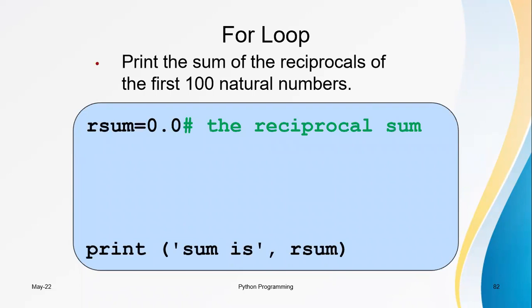So sum is equal to 0, like whatever you have taken, I is equal to 0. Sum should be the reciprocal of the sum.